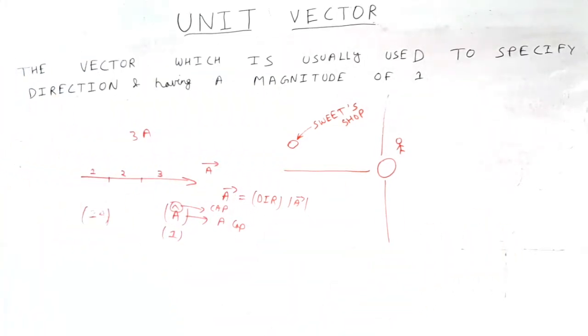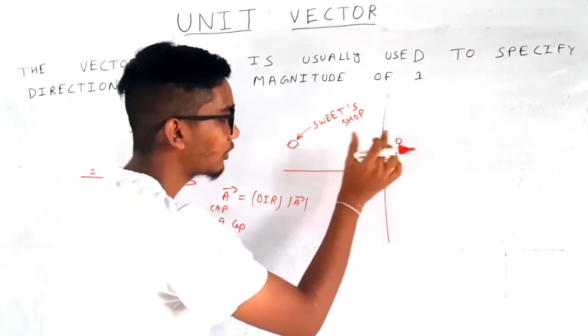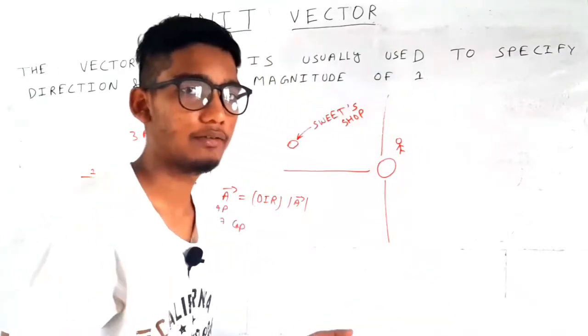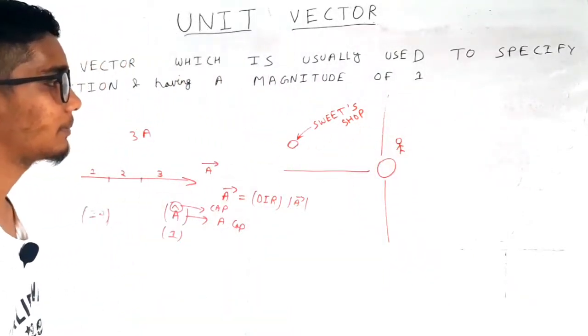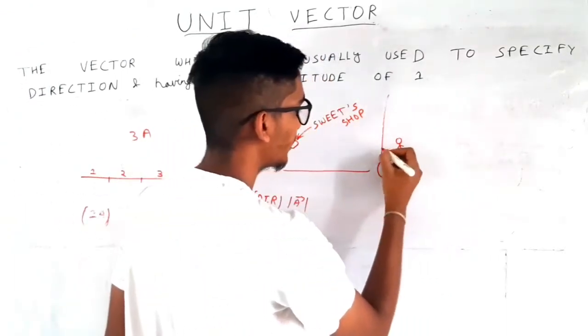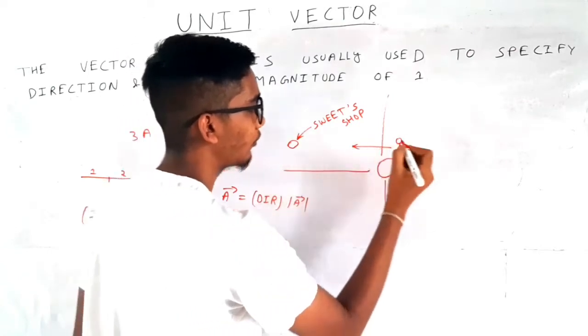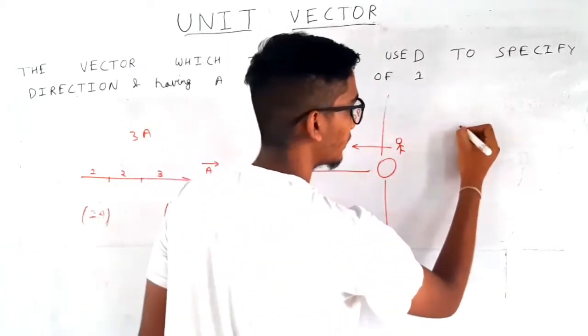Let's say that Mr. Patel knows that after 4 kilometers there is a sweet shop, but where is the direction? We give him a direction. Say Mr. Patel is going this way for 4 kilometers. Then 4 kilometers is the magnitude.